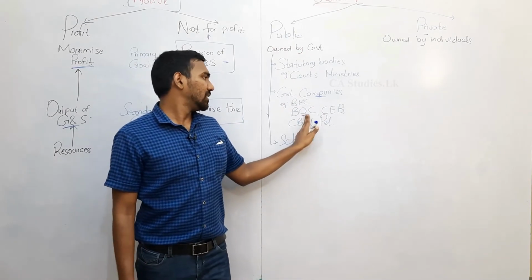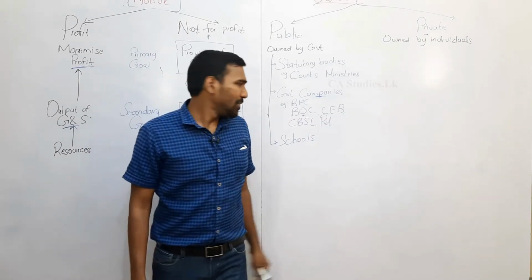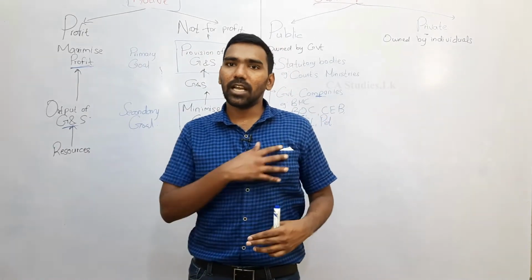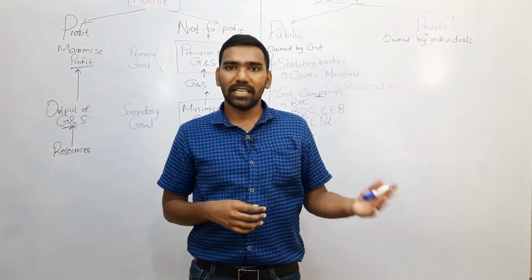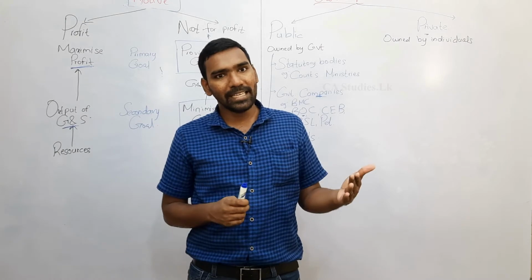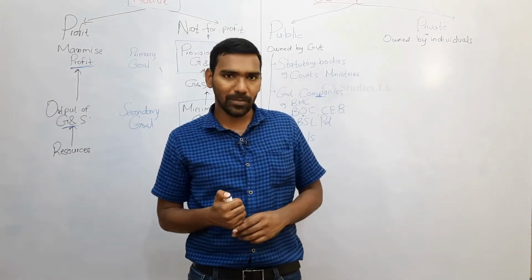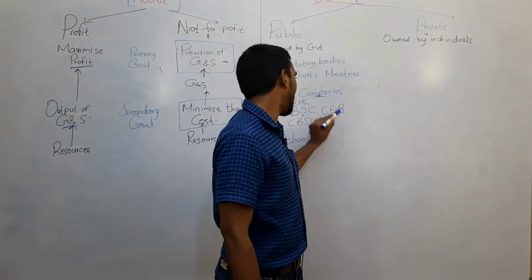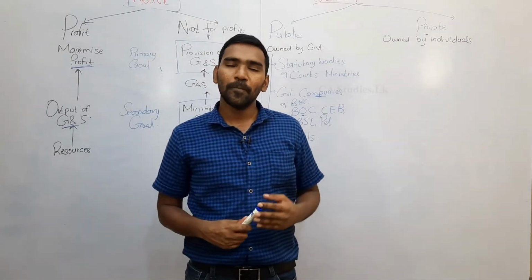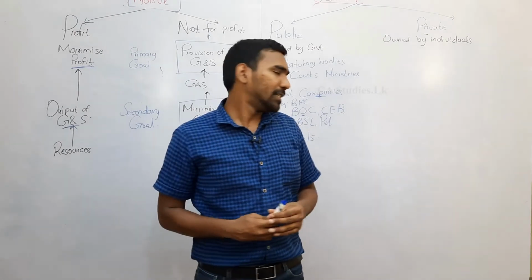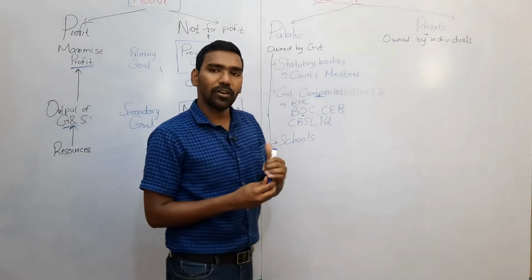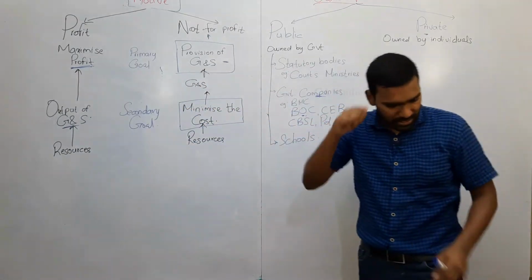And then the Ceylon Electricity Board is catering to a requirement which the private sector has not addressed, or is not allowed to, or there are entry barriers limiting it from entering the business. So the government is taking care of it. And the Central Bank of Sri Lanka is again a regulatory body which should come under the government, right? And then we have schools, which fall under the educational system, right?